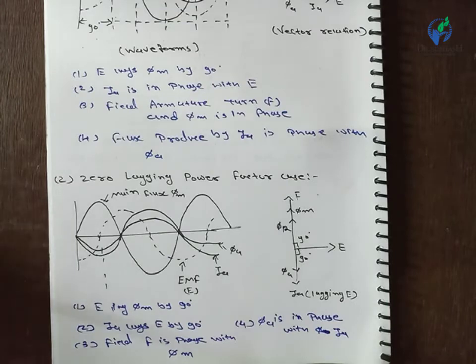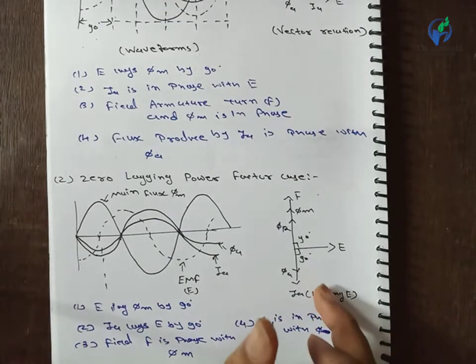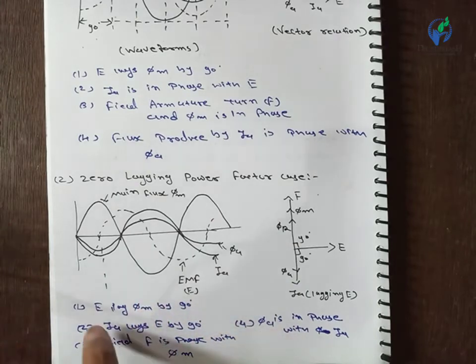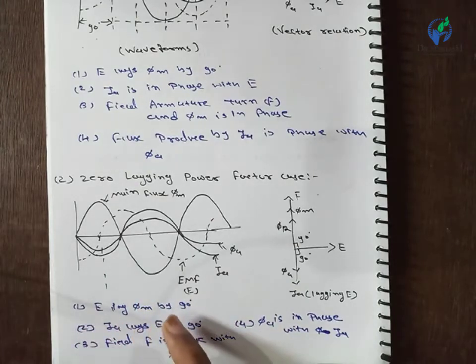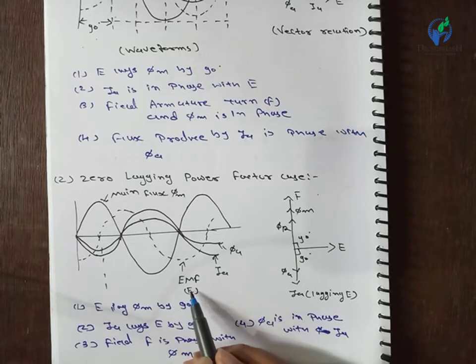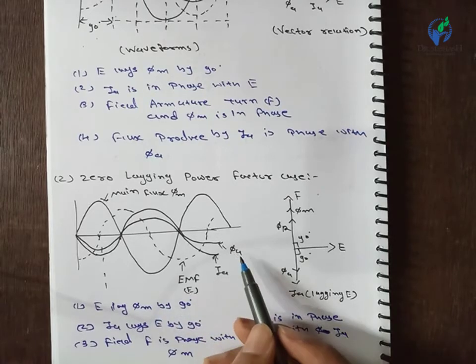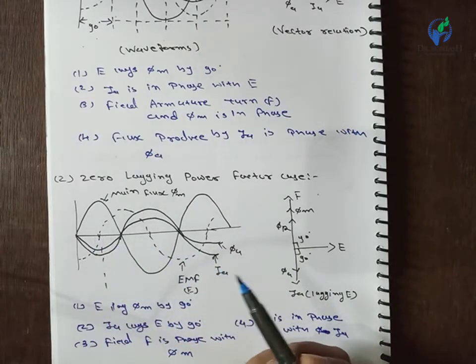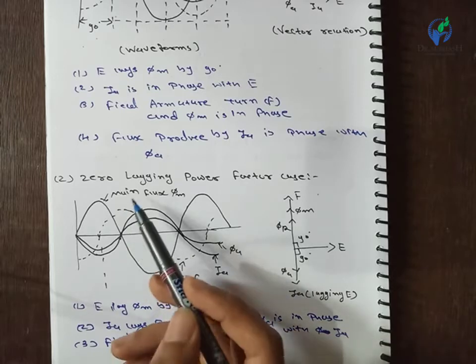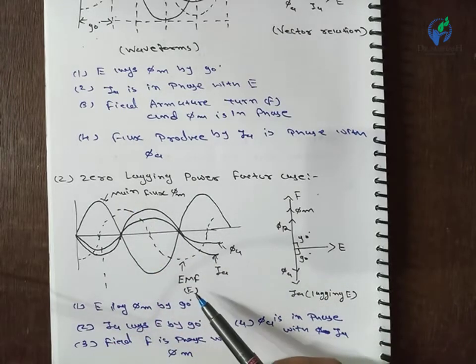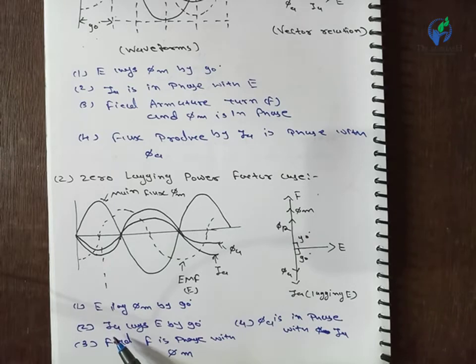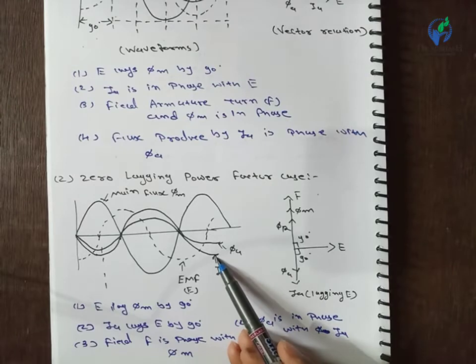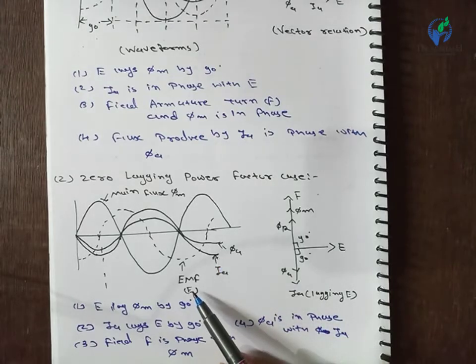These relations are also shown in the phasor diagram and in the waveform. E lags phi m by 90 degrees. The second point is IA lags E by 90 degrees; here IA and E are 90 degrees apart from each other.